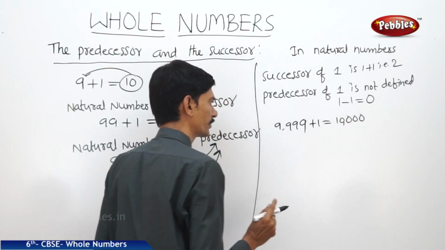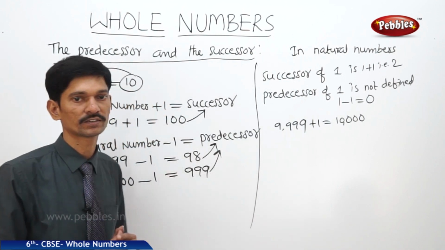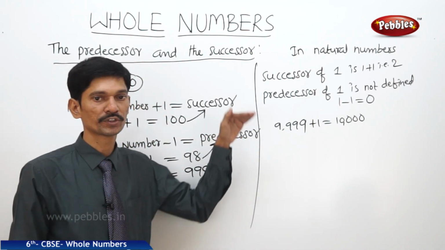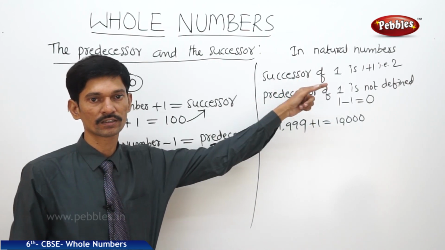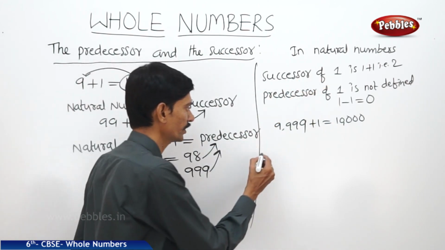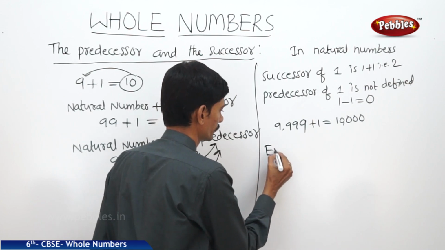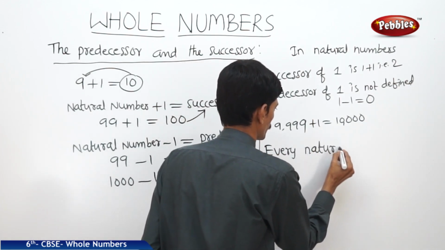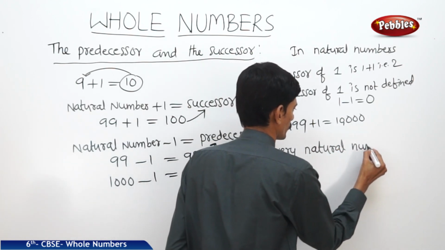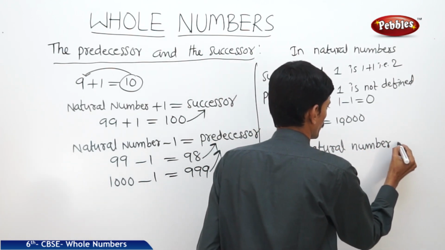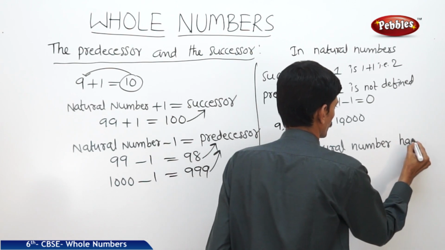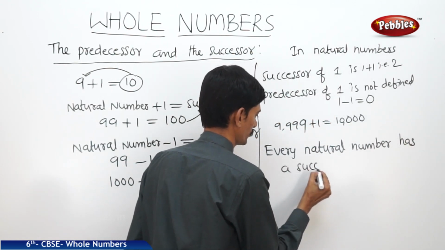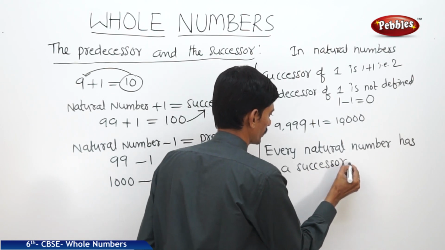So in the set of natural numbers, every number has a successor, but there is only one number which has no predecessor, that is 1.